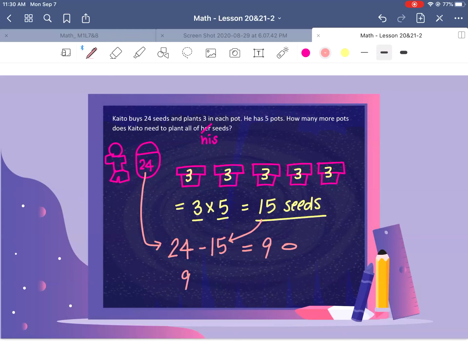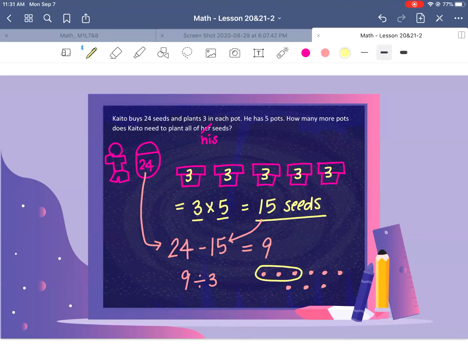And we know that he plants 3 seeds in each pot. So I'm going to divide this by 3. But I'm also going to draw some pictures to help you picture it. So here are his 9 seeds, right? So let's figure out how many pots he needs to buy.